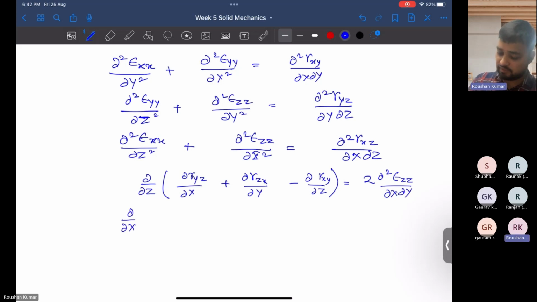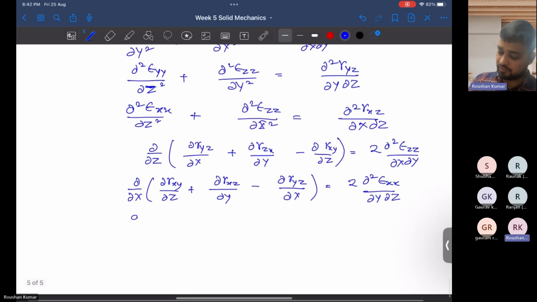Del by del x of (del gamma xy upon del z plus del gamma xz upon del y minus del gamma yz upon del x) is equal to 2 times del 2 epsilon xx upon del y del z.